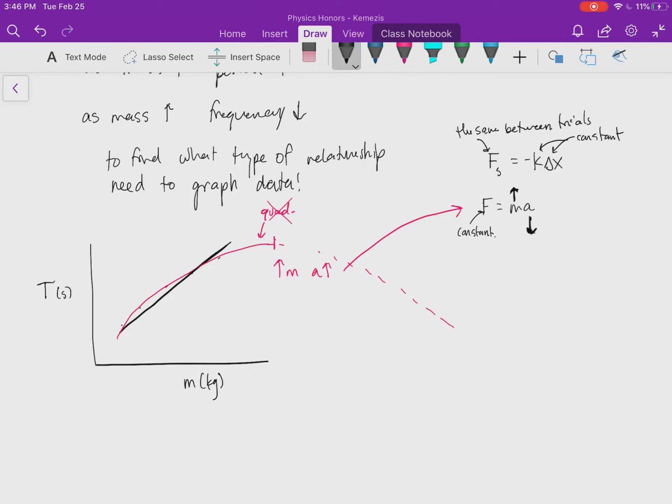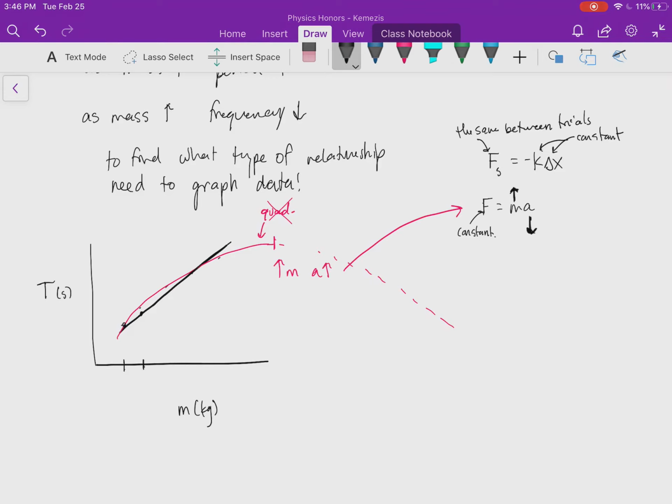Linear, on the other hand, we see that as mass increases, the acceleration decreases in the time it takes. Now, the thing that we need to look at when we're dealing with linear is, are all increases of mass the same? Do they all produce the same change in the variables we're seeing?